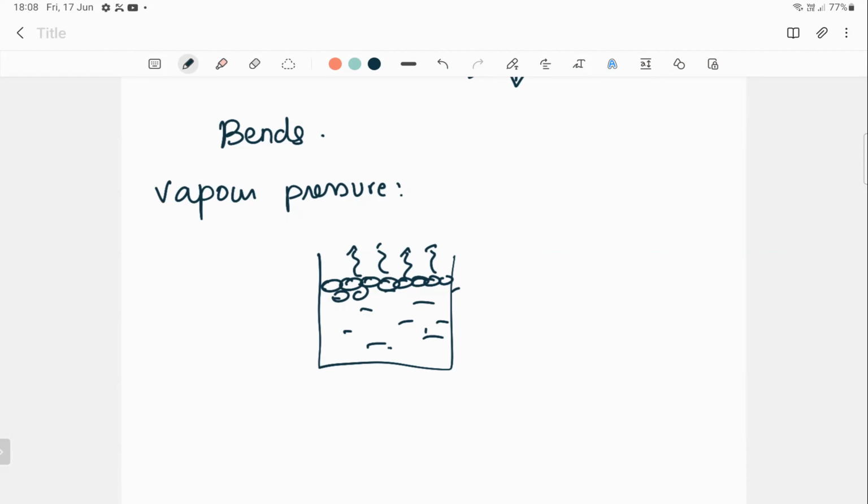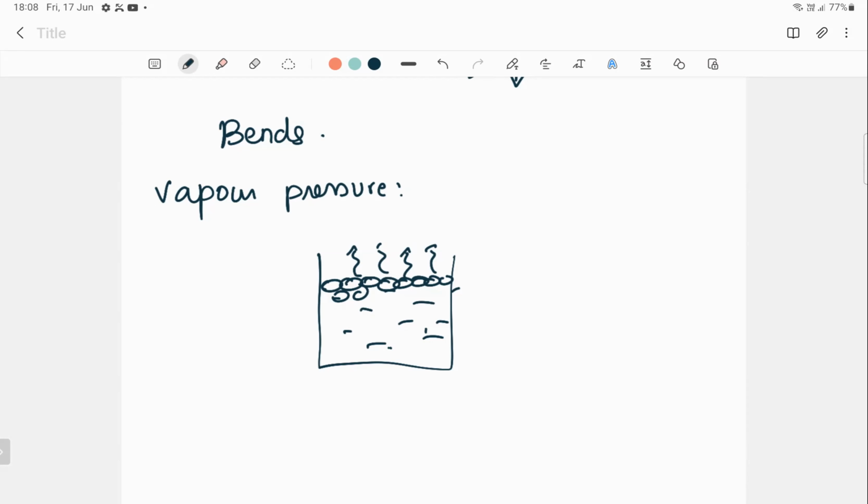The pressure created by the particles of the vapor on its own liquid surface. So this is a liquid, and this is acting as a vapor on its surface. I said evaporation is on the surface; on its surface only everything happens.